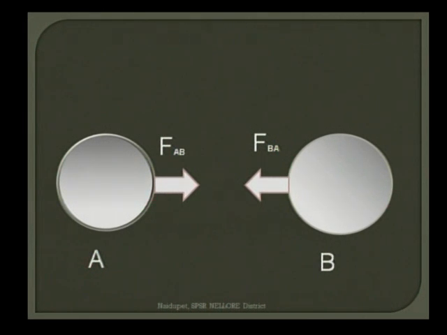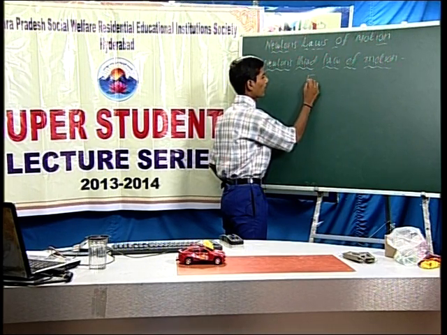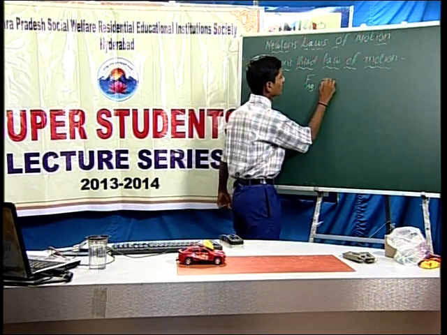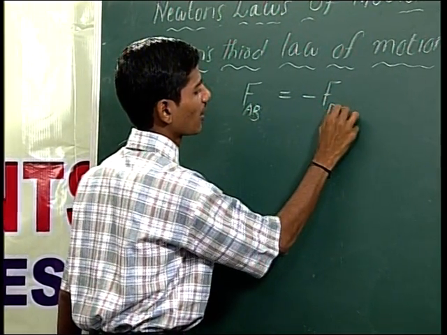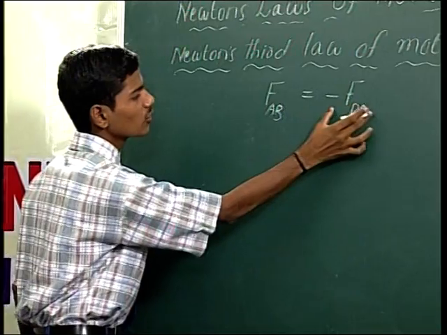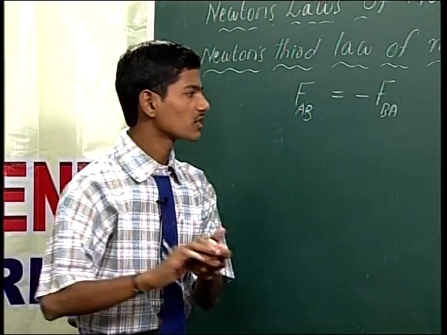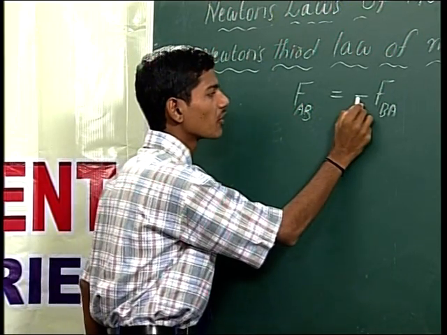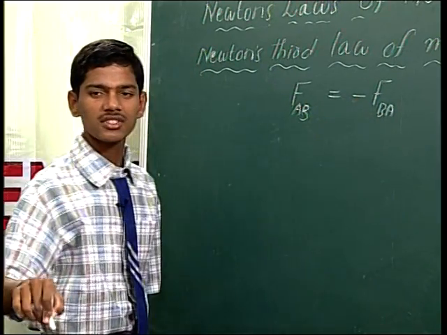This situation can be written as FAB is equal to minus FBA. I already told you that these two forces are equal in magnitude but oppositely directed, and hence the negative sign indicates the opposite direction.